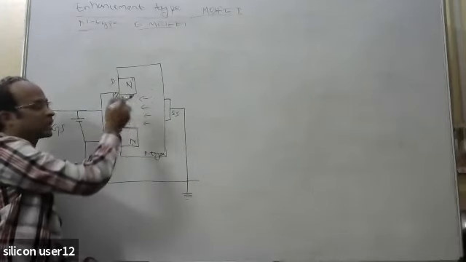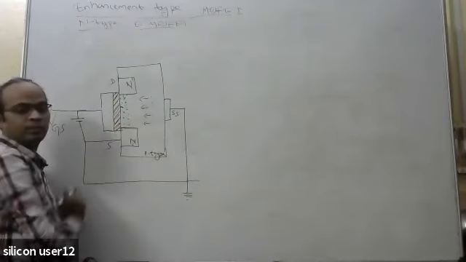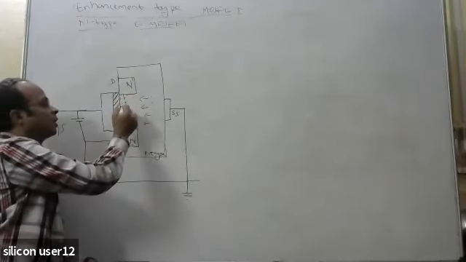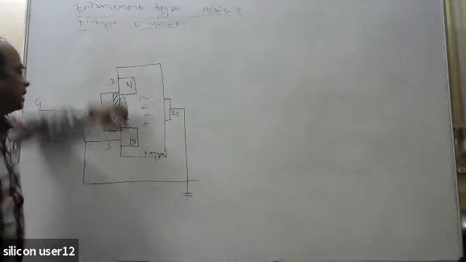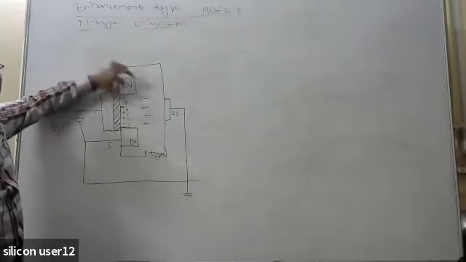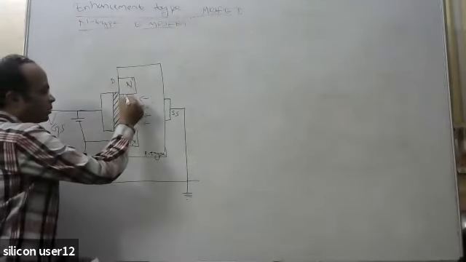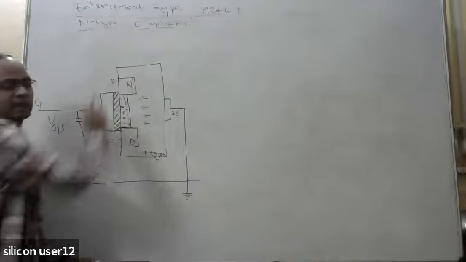Those electrons came and gathered near the surface. Once I have these free electrons near the surface, they act like a channel or a path. So now I can say the channel has been created between the source and the drain.